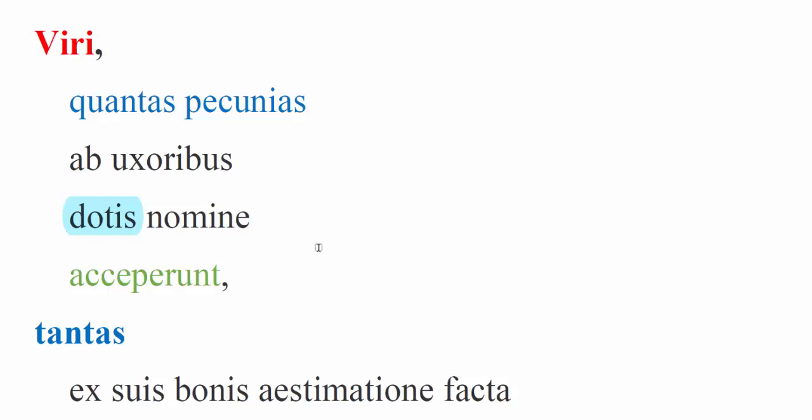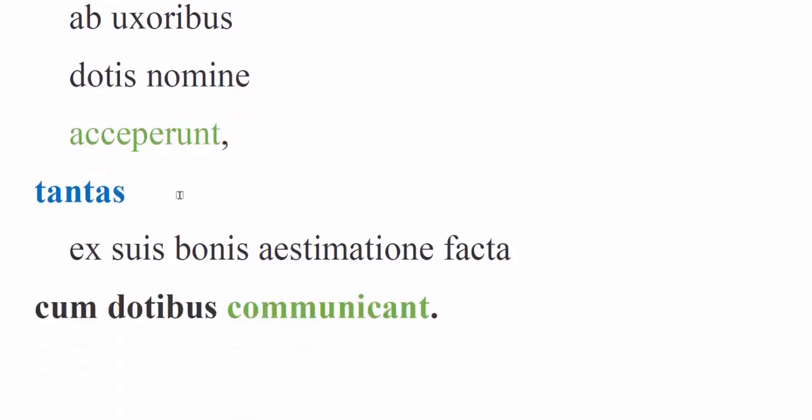So a dowry, remember, is sometimes called a bride price. It's the money that would come from the bride's family, travel with the woman into her new family with her husband. However much money husbands receive from their wives in the name of their dowry, let's scroll down and see what happens.